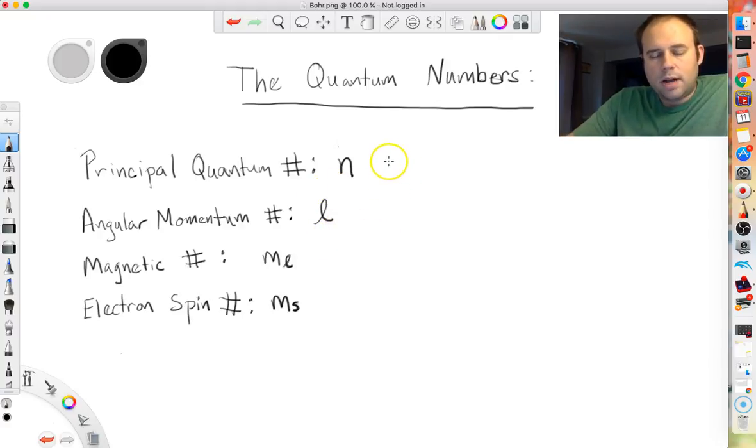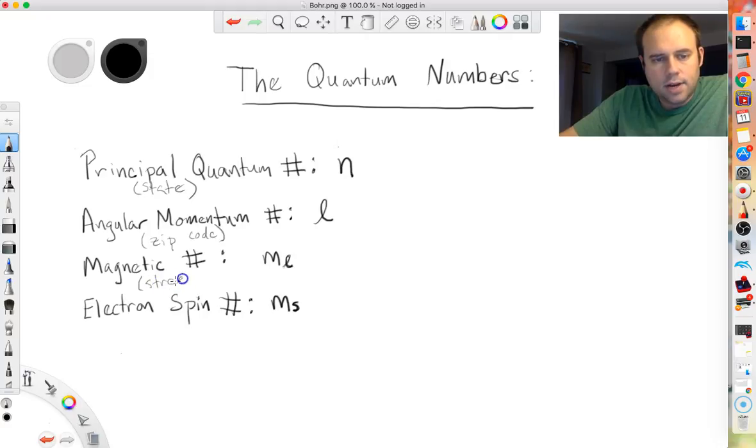So the principal quantum number, you can kind of view each of these as though they were getting more and more specific about an electron. So think of it like an address for an electron, right? This would potentially be the state that the electron lives in. This would be the zip code, so then we're getting to a specific part of the state. And this would be the street and the house address.